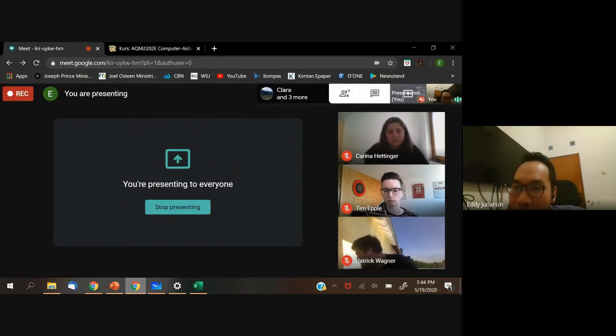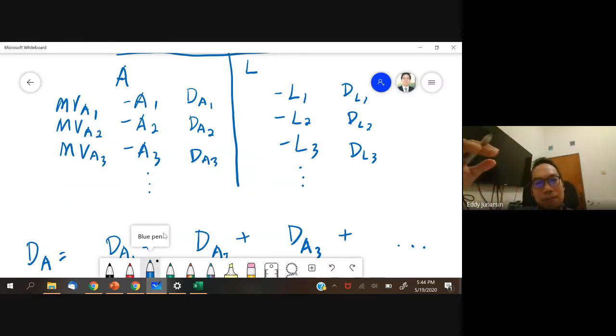I think even the cheap consultant will still charge about 10,000 per month just to estimate the market value of one item. So you see how costly, in terms of energy, money, and everything, just to determine the market value of one item. And if you have a lot of items, then you have to determine the market values of all of them.